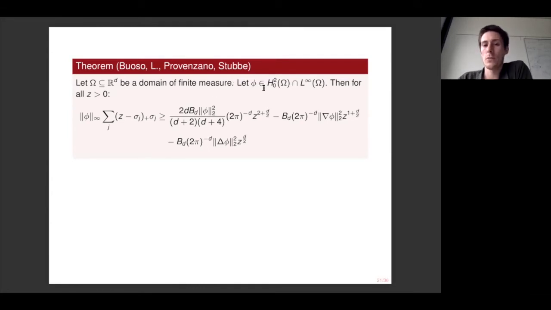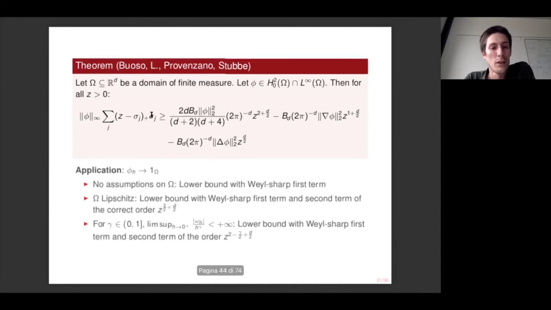With this choice in the variational principle, we were able to prove that this lower bound for this quantity here holds for all these cutoffs. It's a lower bound which depends on the L2 norm of the cutoff, of its gradient, and of its Laplacian. So by this bound, we wanted to recover something which is more informative and does not depend on the cutoff. And so the idea here is to take the cutoff that approximates the indicator function of the domain omega.